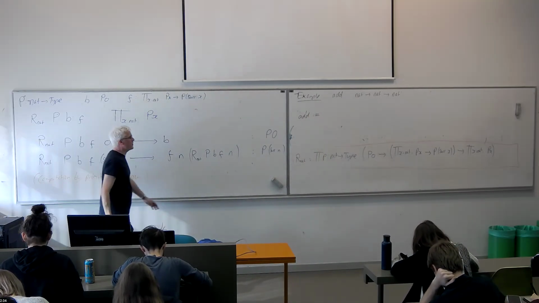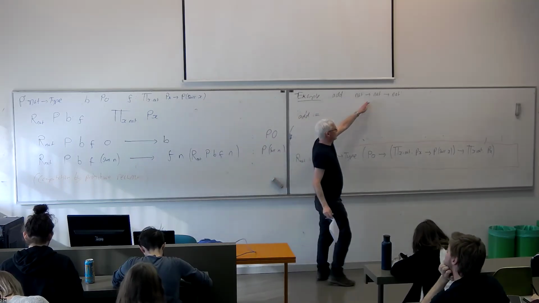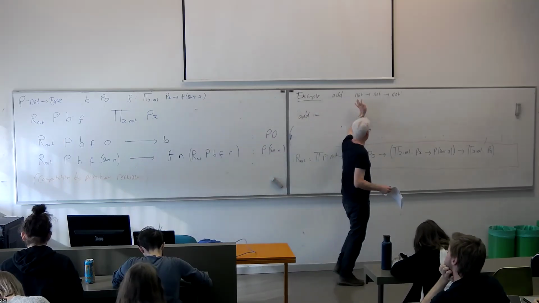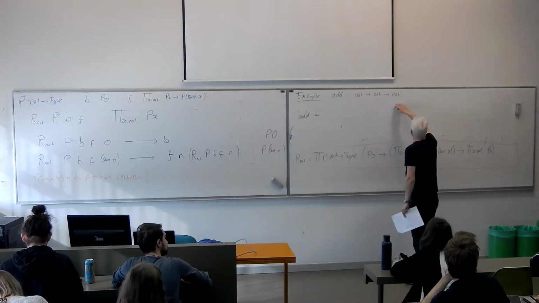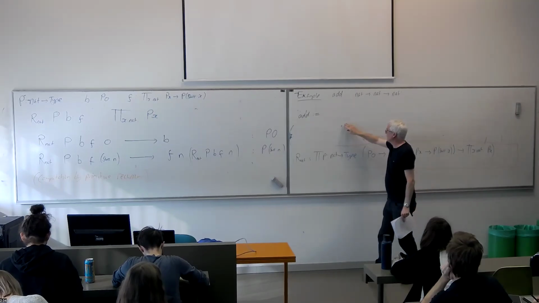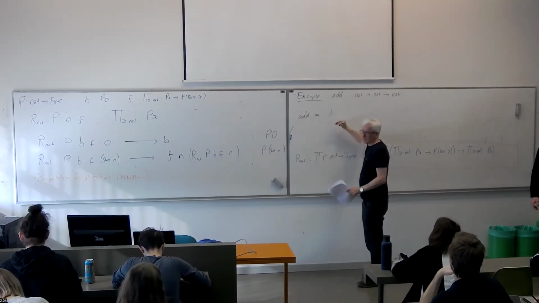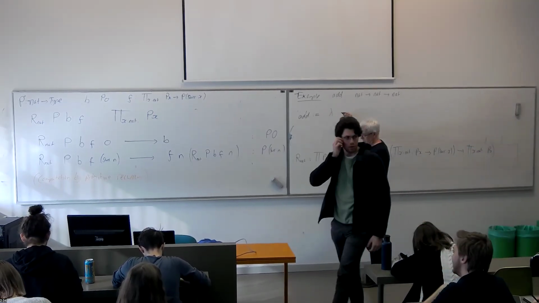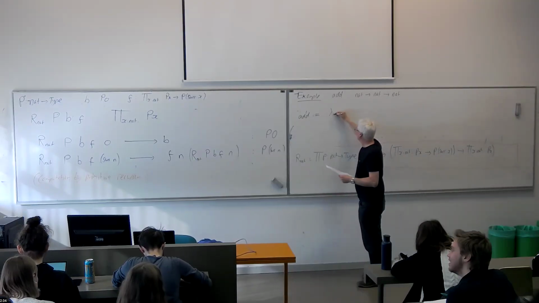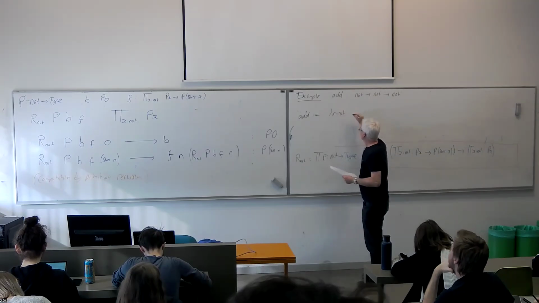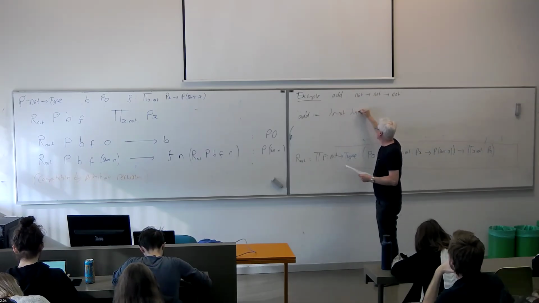It's going to be a function from two arguments of natural numbers to the natural numbers. So we can always begin with two lambda abstractions giving us the two arguments: the first argument, the second argument.